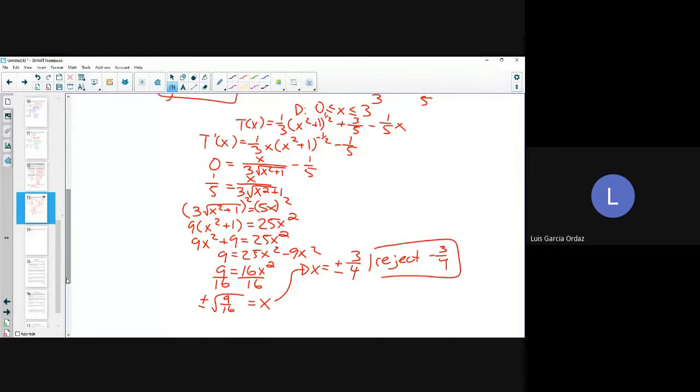All right. So now I'm going to evaluate t at 0, which gives me 0.93 hours, t at 3, which gives me 1.05 hours, and t at 3/4, which gives me 0.86 hours, and this is my minimum time.